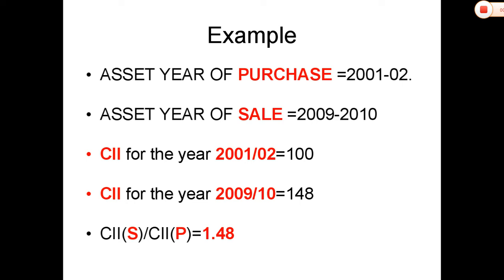Here it's 100, and the cost inflation index for the year 2009 to 2010 here is 148. You find that the CII for the sale price upon the CII for the purchase price is equal to 1.48. So we need to note this. ये जो हमने निकाला है ये आपको याद रखना है, रेशियो कि ये रेशियो इज 1.48.